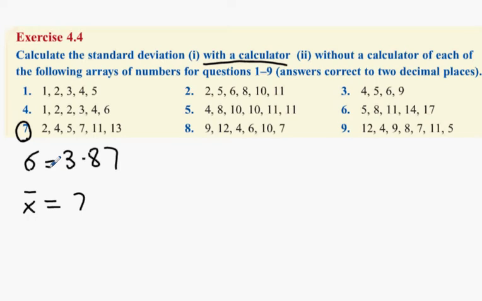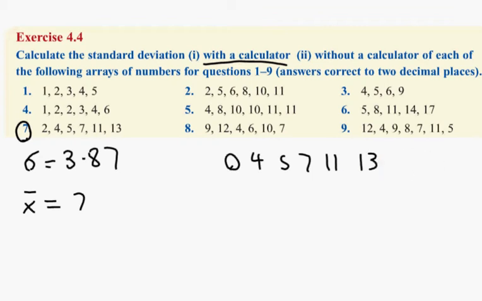So imagine this: I changed these two values. Imagine I changed the 2 into a 0, and the 13 into a 20. What do you think will be the result for the standard deviation? Bigger, yeah? Actually, I'm not going to keep that as a 20.